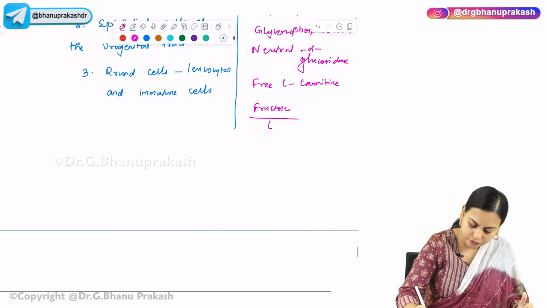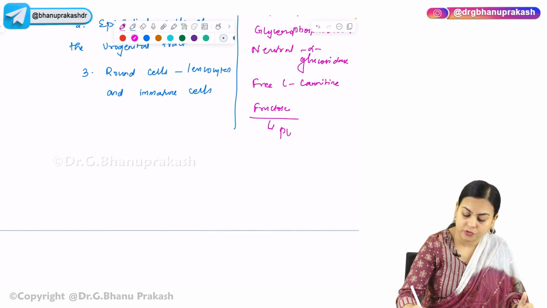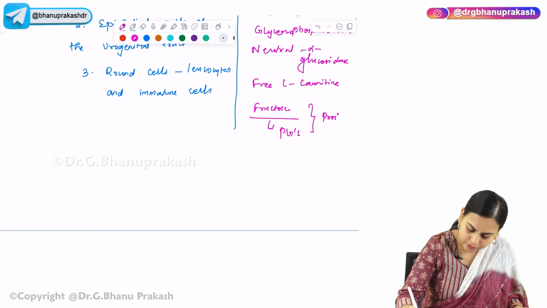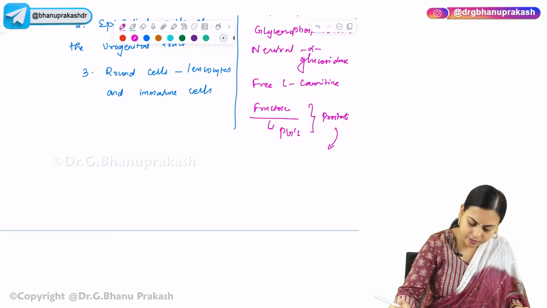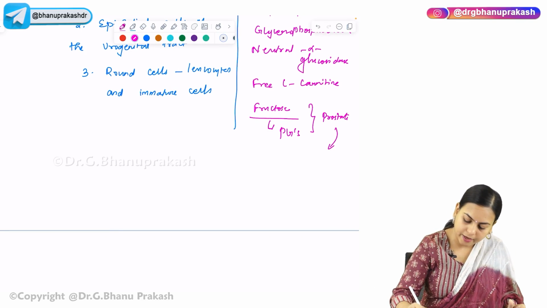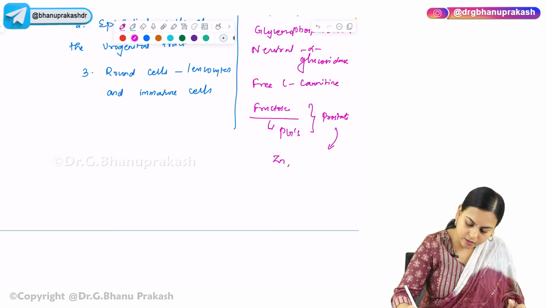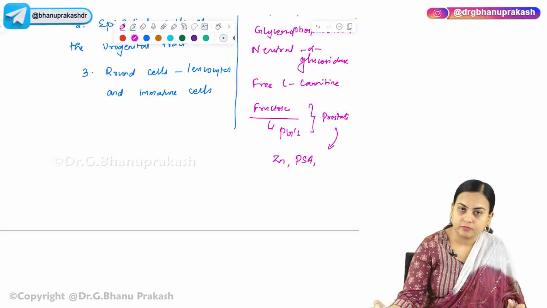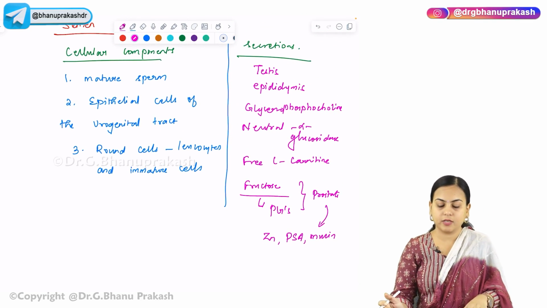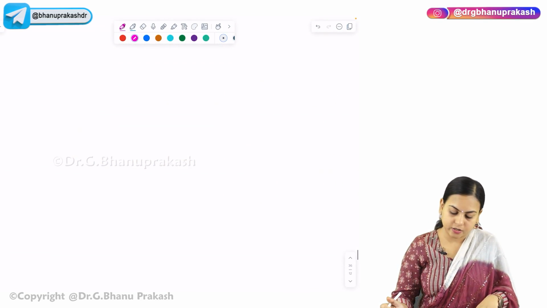This fructose as well as prostaglandins are released from the prostate. You will also have other minor components like zinc, prostate specific antigen and mucin. These are the secretions, right.